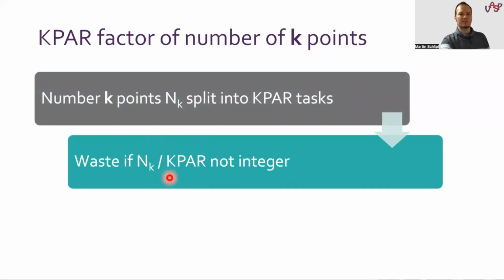In that case, it would be better to use a KPAR of 6, because that would match the number of k-points that you have. I mentioned earlier that you don't necessarily know a priori what this number of k-points is. So you might want to investigate first by running a very short calculation, or a system with the same symmetry, to see what number of k-points you will actually get from VASP, and then use this to base your parallelization setup.